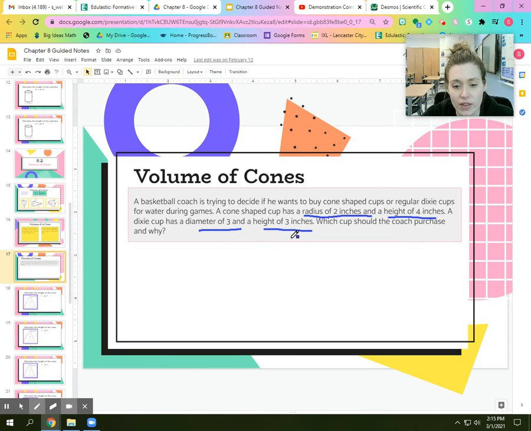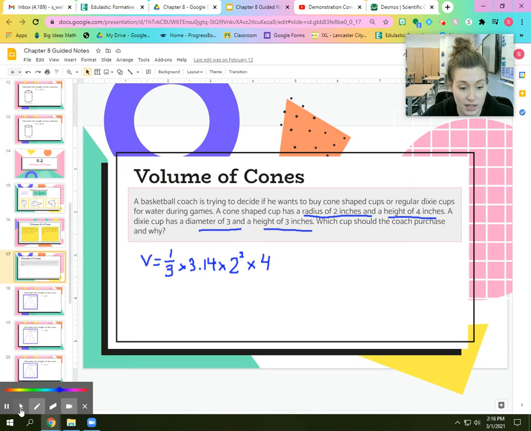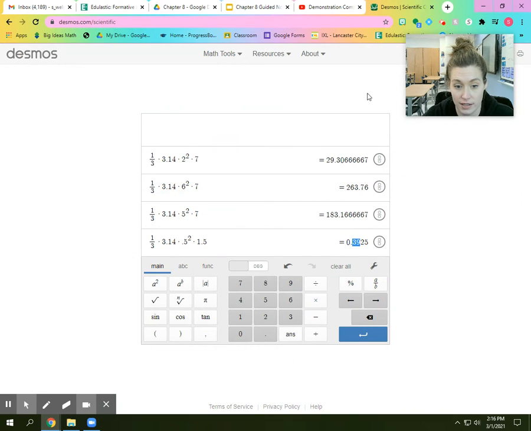So let's start by finding the volume of the cone. What's the volume of a cone? So we do volume equals, of the cone cup, since it's a cone, 1/3 times pi, 3.14, times the radius of the cone-shaped cup, which was 2 squared, times the height, which is 4. So let's type that into our calculator here and see what we get.